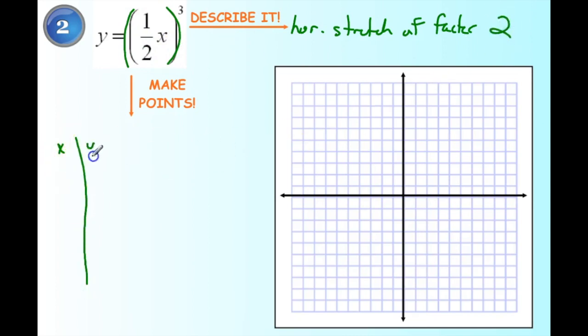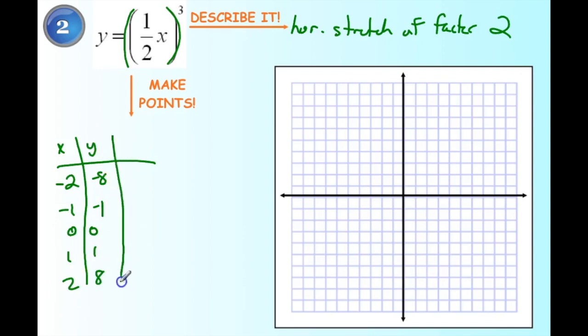So I'm going to make my table here with my parent points for the cubing function. And then any horizontal changes are going to affect my x values. So like we said, if it's a horizontal change, you multiply by the reciprocal of your b value.